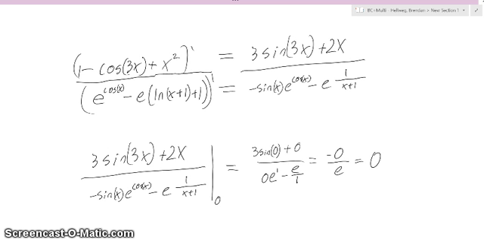In case the chicken scratch above was a little bit difficult to understand, I've cleaned up the steps right here.